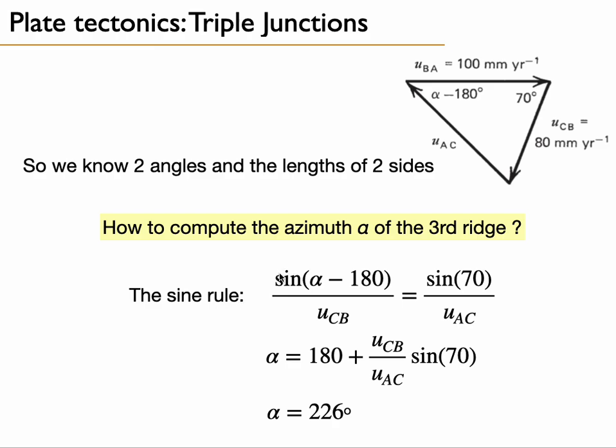The ratio is, for example, the sine of this angle divided by the length of the facing segment is equal to the ratio of the sine of this angle divided by the length of the facing segment. So we can set up this equality, and then one can solve for alpha. And here we obtain alpha is 226 degrees.